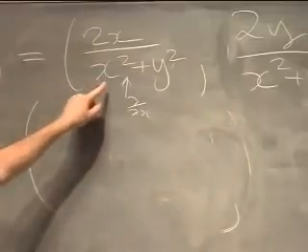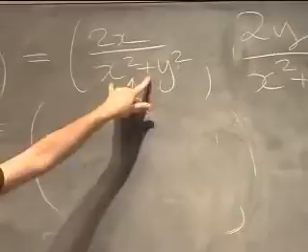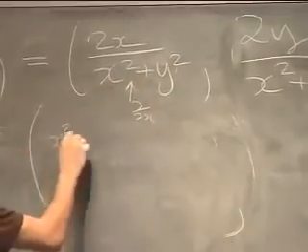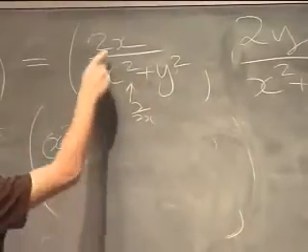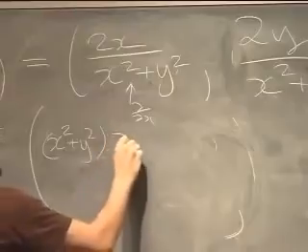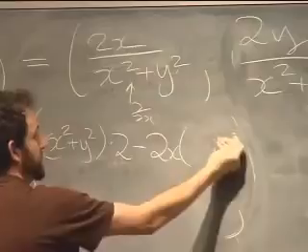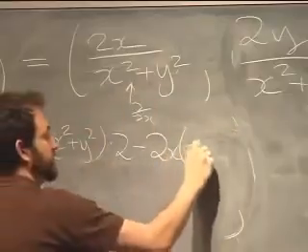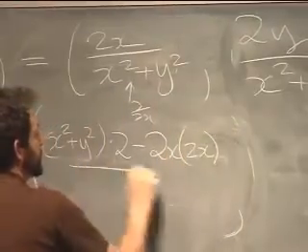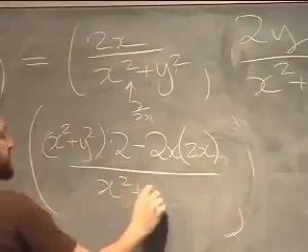Okay, so let's do it. We need the quotient rule. So you're going to do v du/dx, which is 2, minus u dv/dx, which is 2x. It's all that over the denominator squared.